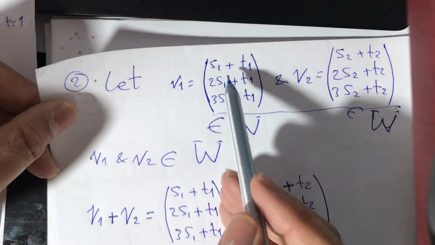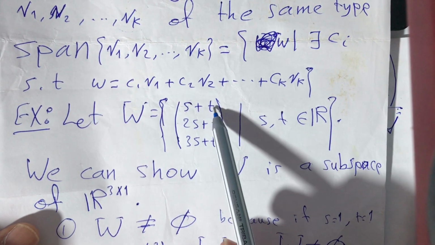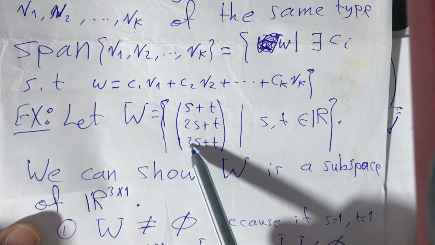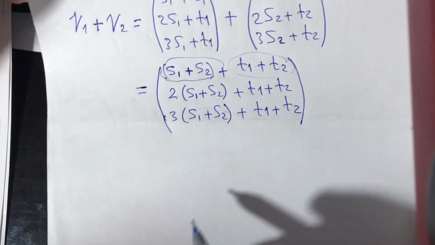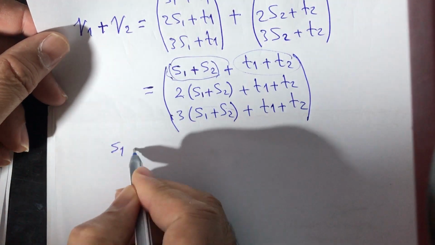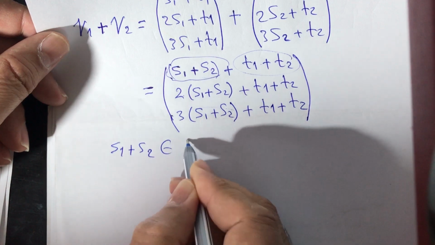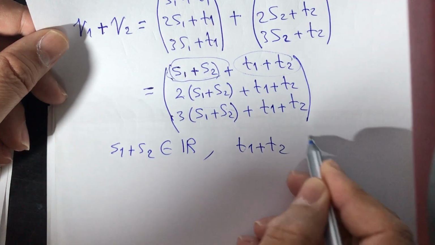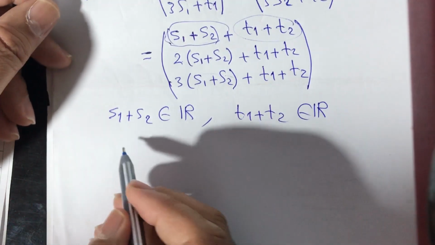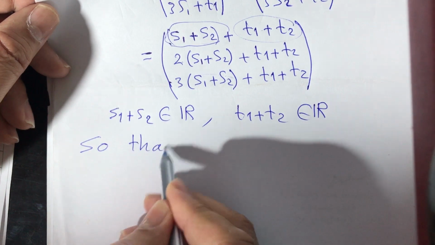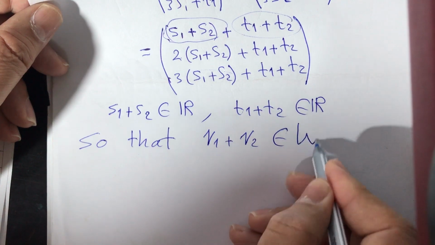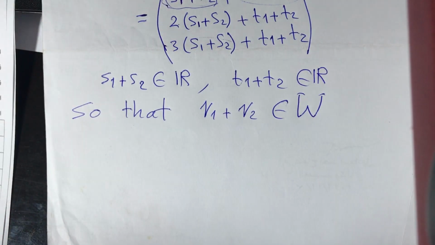This is by definition of W. This is S and T, and this is double S and this is triple S. Also S1 plus S2 belongs to R, and T1 plus T2 belongs to R, so V1 plus V2 belongs to W. And this is the second condition.